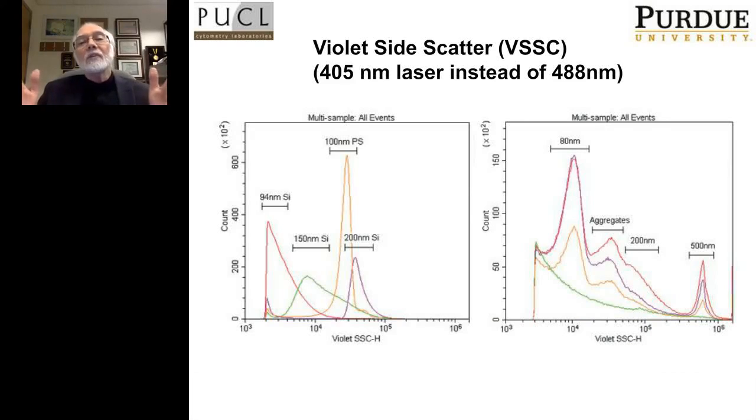So if you now look at a lower wavelength, that is, say, 405 nanometers instead of 488, you can see here some data collected on the CytoFLEX where really quite small particles can be resolved. And I'll show you in a little while how easy that is to do on the CytoFLEX.